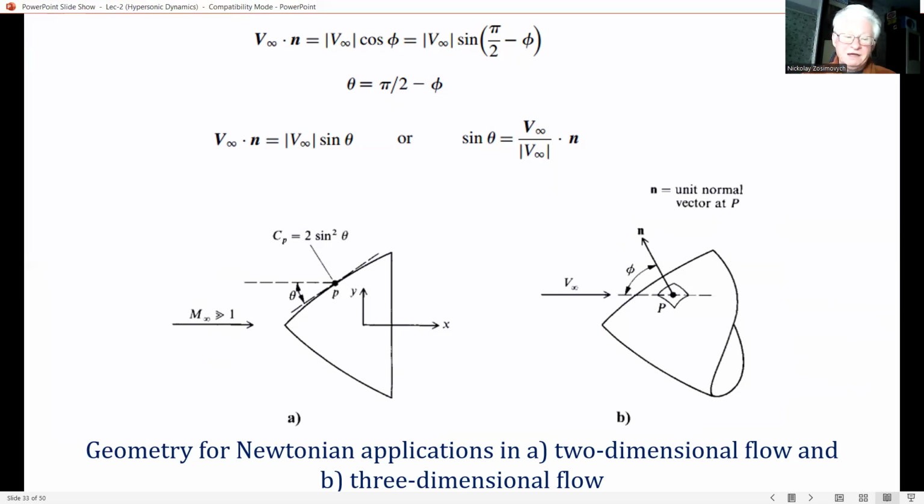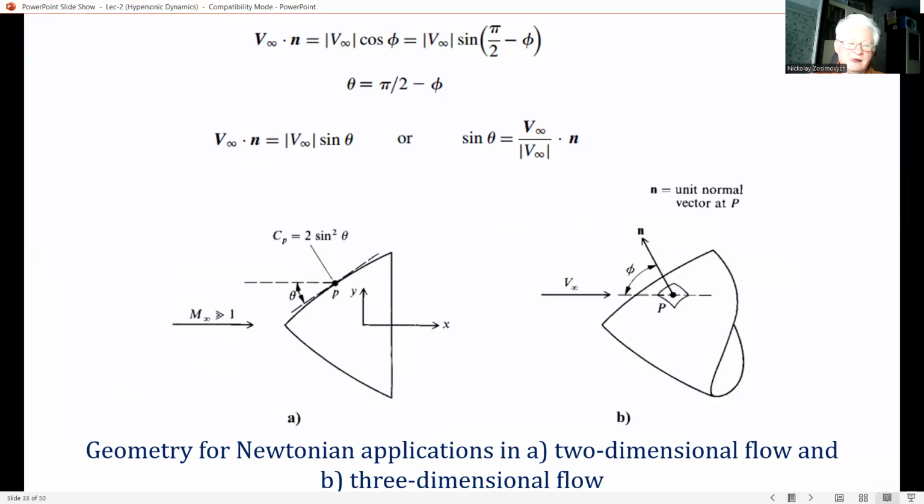To be specific, consider on the left figure A, which shows an arbitrary shape two-dimensional body. Assume that we wish to estimate the pressure at point P here on the body surface.